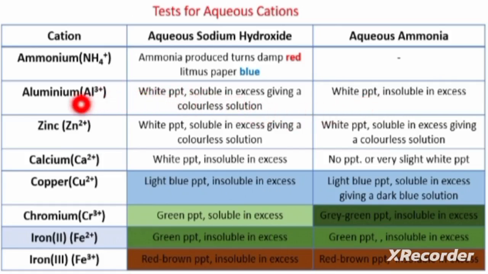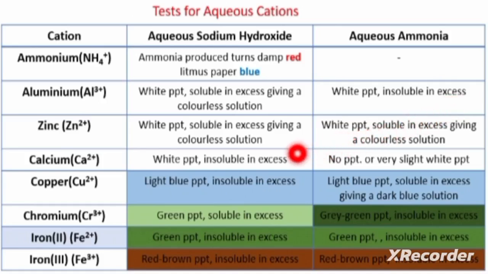So aluminum cation will dissociate from aluminum chloride, and when it associates with the aqueous ammonia, a white precipitate will form.